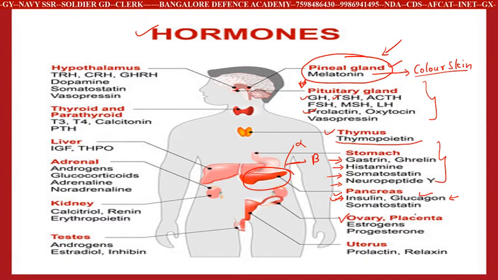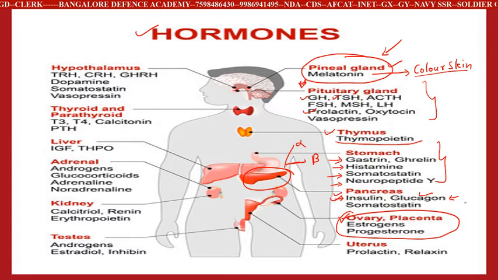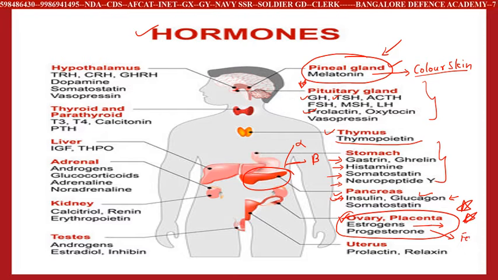Next you have the ovary and placenta, which secrete estrogen and progesterone. Very, very important: these hormones are female hormones. In your examination, the question I told you about, which hormones are male and which are female, the answer is estrogen and progesterone are female.